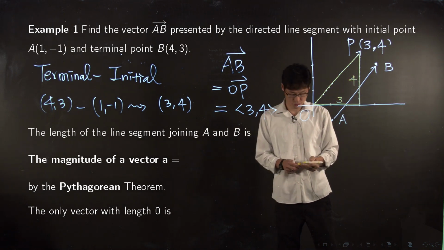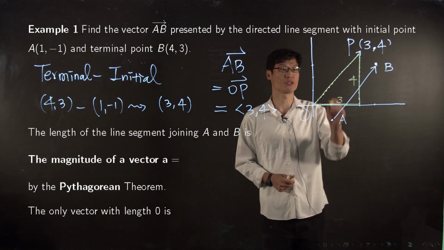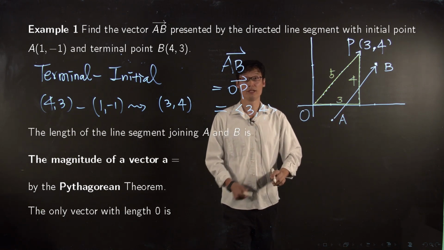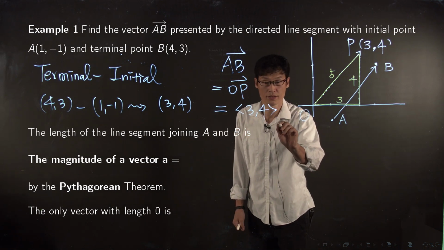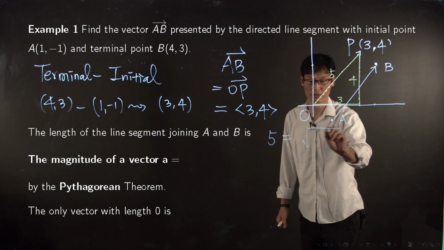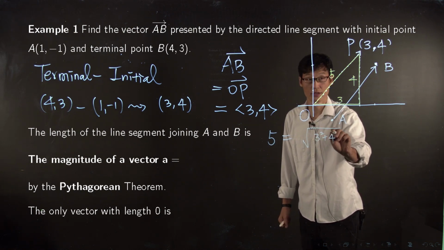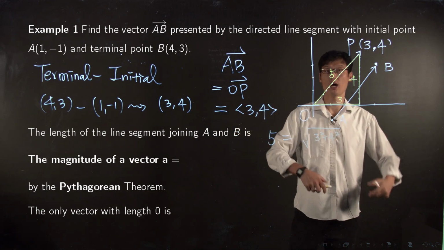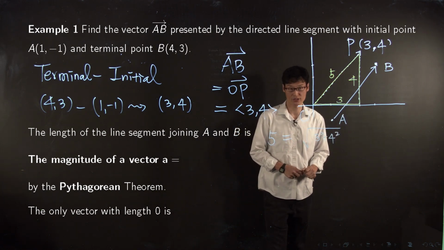Now that it's a right triangle, the hypotenuse is simply 5. The length of this line segment is 5. And of course, you can use the Pythagorean theorem. So by this, we know how to calculate the magnitude of a vector.